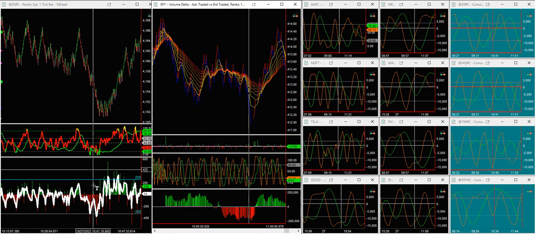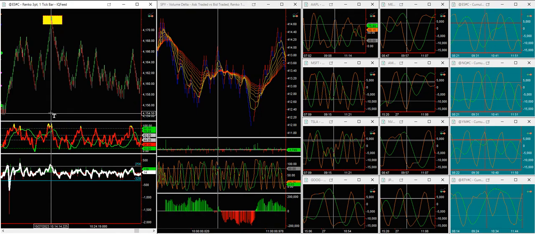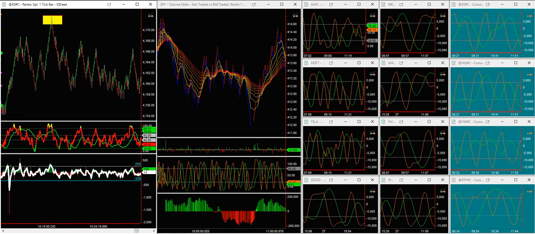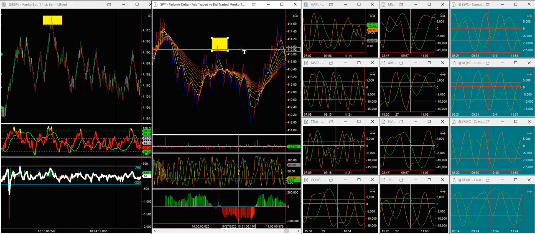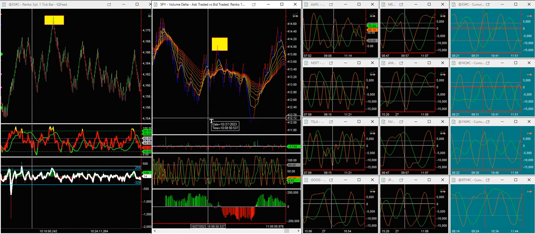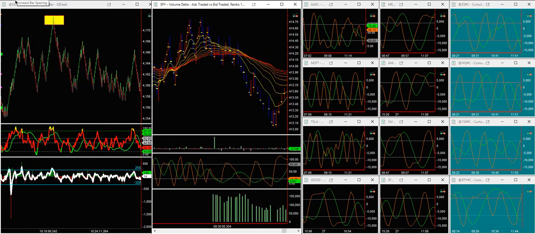So let's look inside the bar on SPY in this area. What's really going on? Let's mark it. And now let me zoom in and let's close the video.